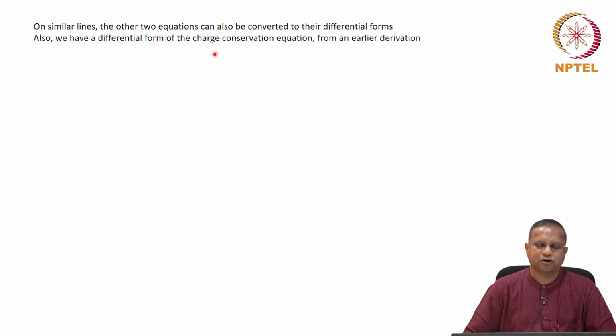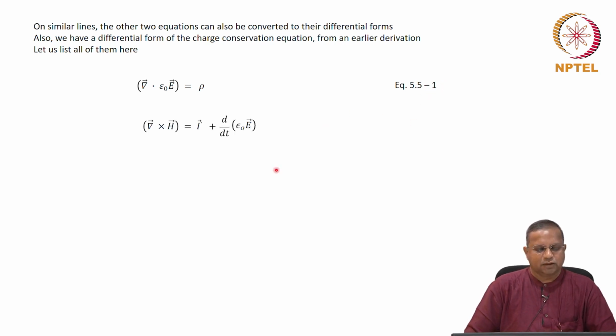And we have a differential form of the charge conservation equation that we derived in the first class on charge flux. So we'll just list them here so that you'll have it in one place for ready reference. This is Maxwell's first equation in differential form: del dot epsilon naught E equals rho, equation 5.5-1. Del cross H equals I dash plus d/dt of epsilon naught E. This is Maxwell's second equation in differential form that we have already seen, equation 5.5-2.